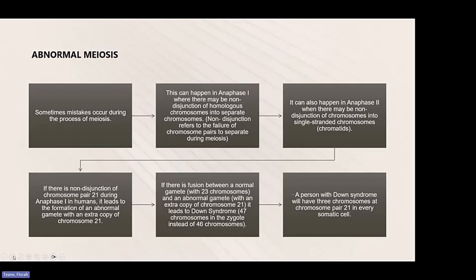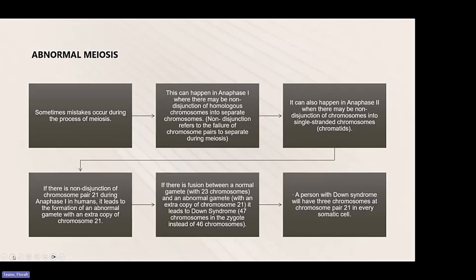Where does it take place? It can happen in anaphase 1, where there may be non-disjunction of homologous chromosomes into separate chromosomes. The word non-disjunction means the failure of chromosome pairs to separate during meiosis.